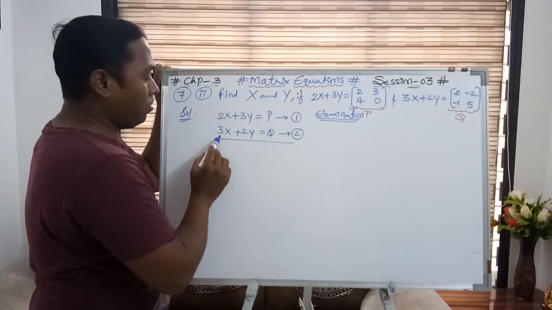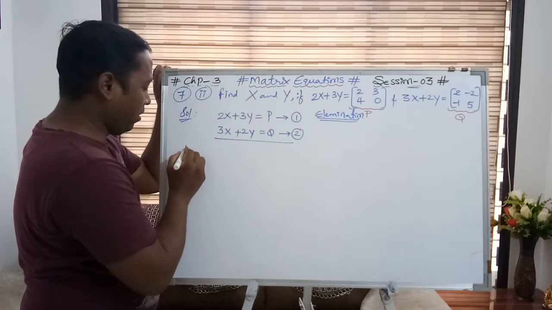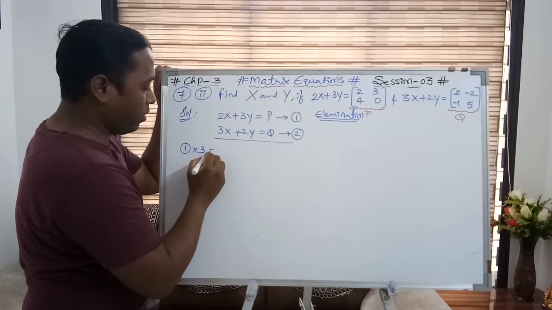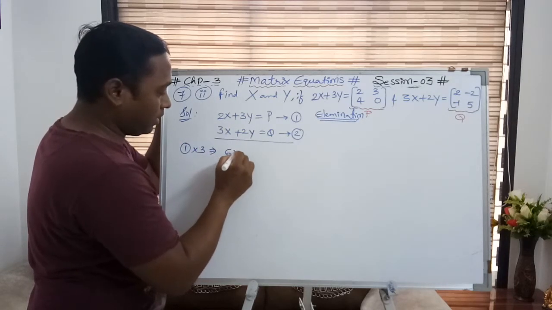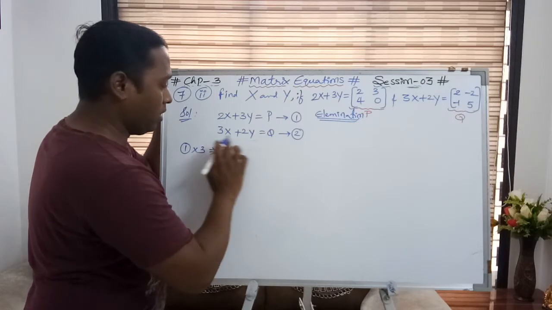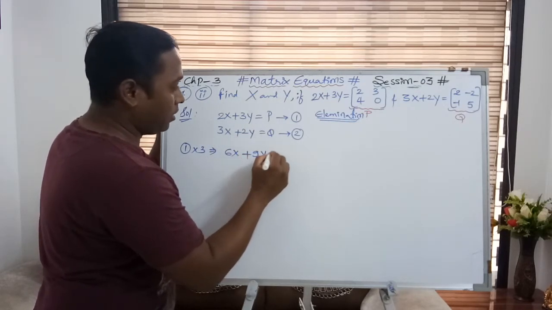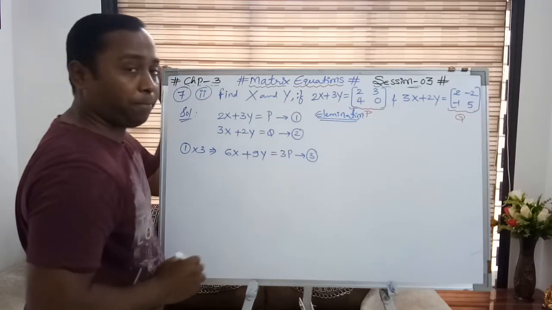First I need to equate the coefficients of X. For that, the first equation is multiplied by 3. So ultimately the equation becomes 3 2s are 6X plus 3 3s are 9Y equal to 3 into P, 3P. This is the new equation 3.